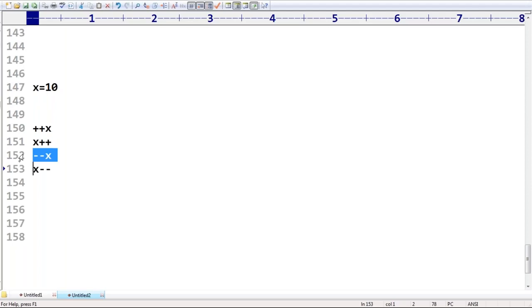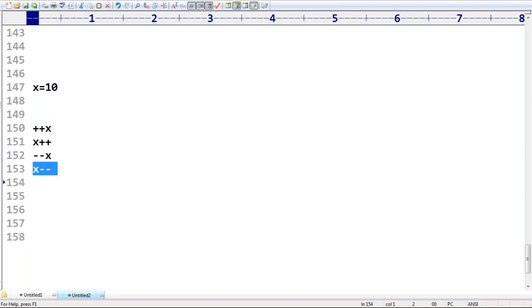Minus minus x, 10 I'm getting. x minus minus, then immediately we are getting a syntax error. What is the meaning of this? Anyone, can you please guess what is happening internally? So are increment and decrement operators allowed in Python or not?